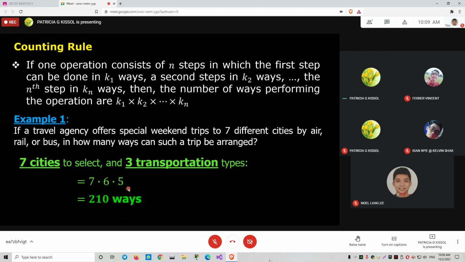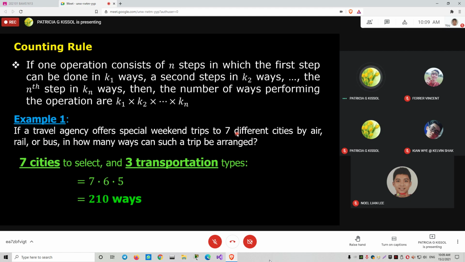Now, some of you might be thinking that you should focus in terms of air, rail, and bus. That means only 3 choices. But remember that the cities, we have 7 different cities to choose from. Because in all the 7 cities, you can choose whichever mode of transportation. Some cities you can go by train, and some cities you can go by bus.